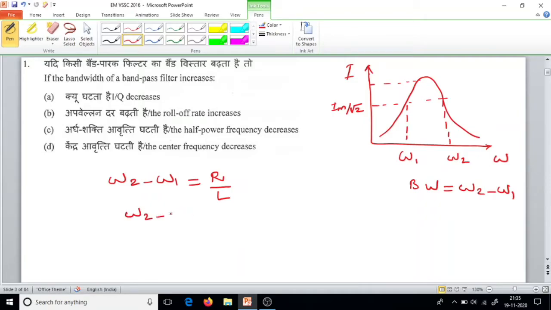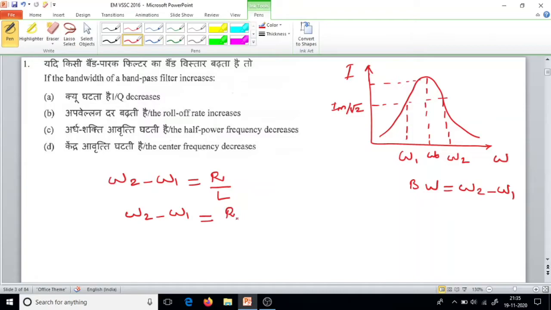Omega 2 minus omega 1 equals, here in the numerator and denominator I will multiply by omega naught. Omega naught is the center frequency, the resonance frequency.